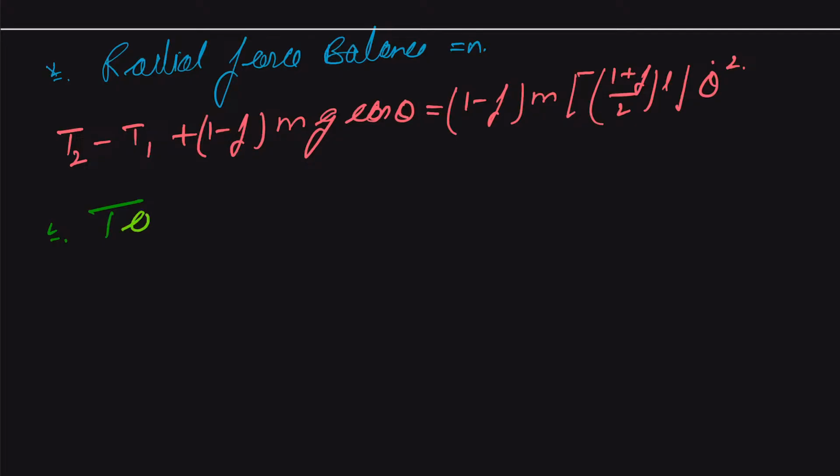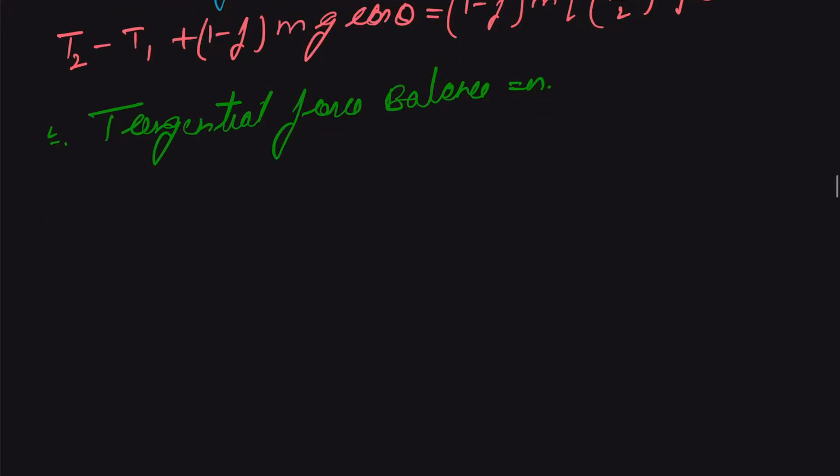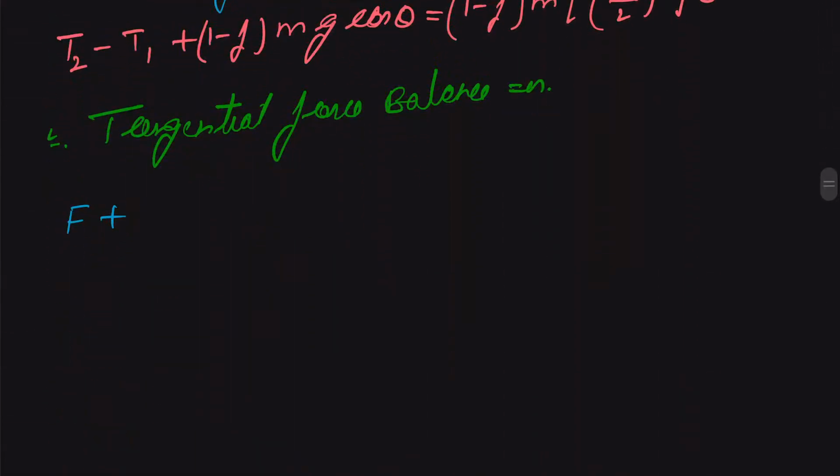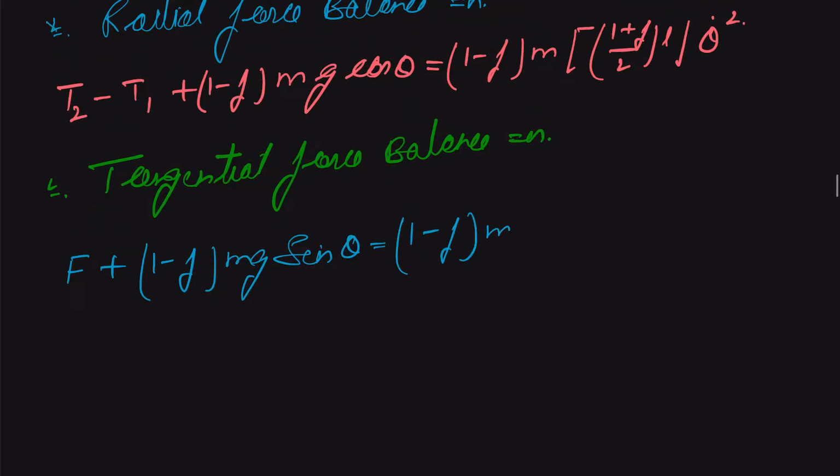So we have the tangential force balance equation, and for that we can write F plus the other force, the mg component, (1 minus f) mg sin θ, will be equal to (1 minus f) times m, times (1 plus f) upon 2 times L, and the double derivative component.